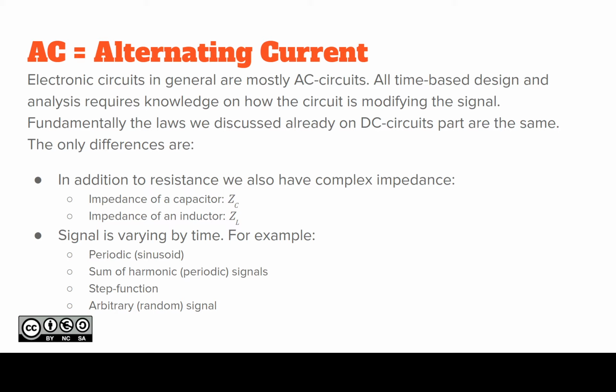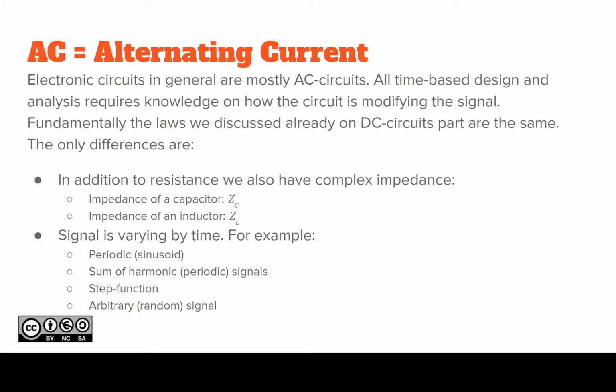Practically, we already covered most of the stuff in the DC part. Fundamentally, the laws that we discussed already are the same. And the main differences are basically those couple of bullet points there. In addition to resistance, we also have complex impedance, or actually it's called reactance.